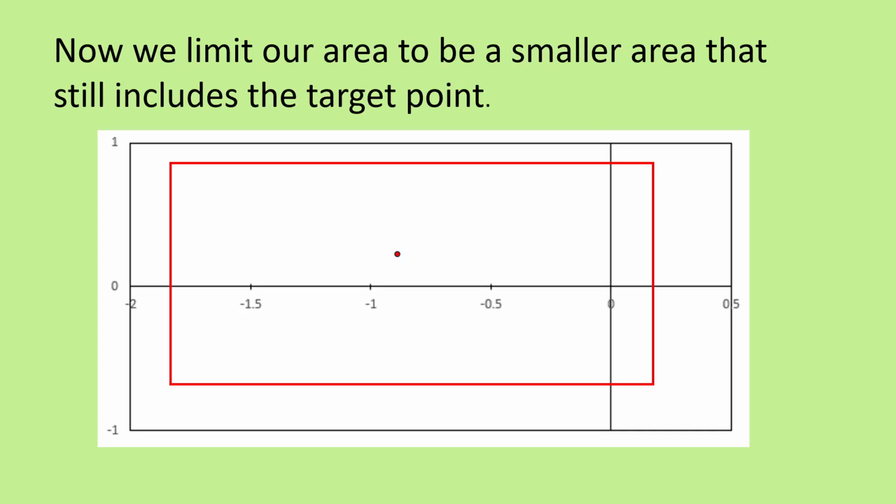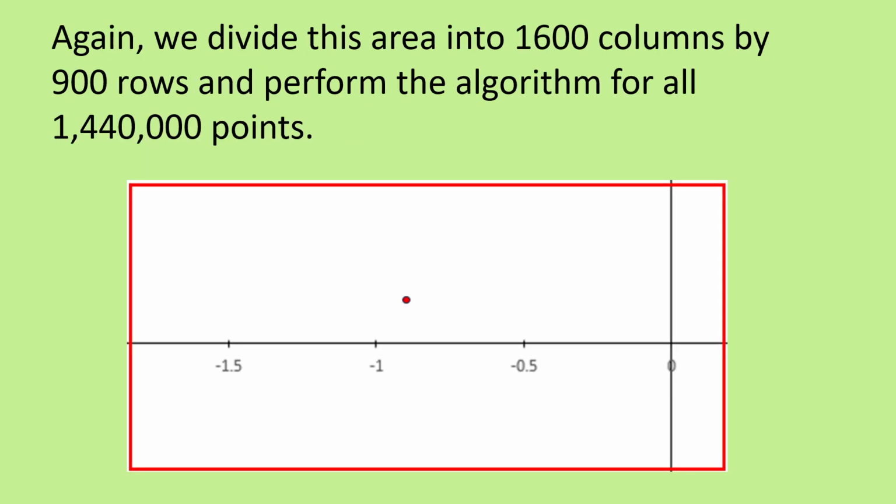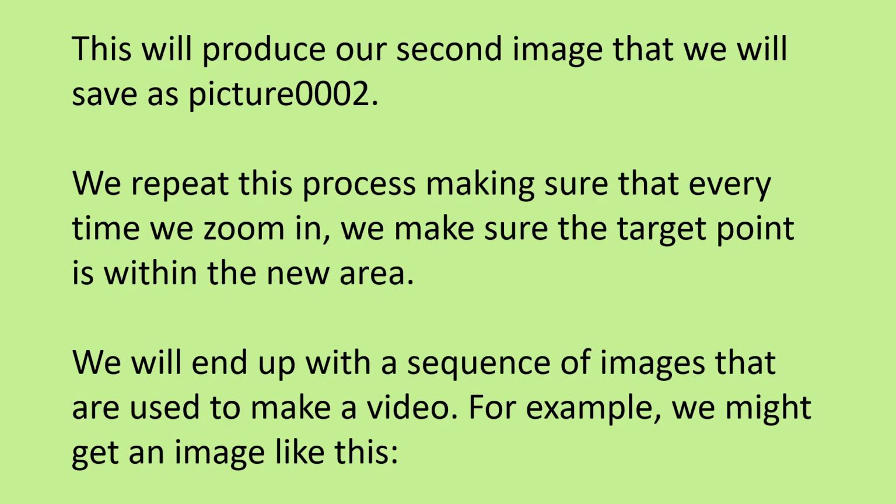Now we make our area of interest smaller, but still make sure it includes the target point C. Divide this new area into 1,600 columns by 900 rows and do the algorithm for every one of the points that you have. We save the resulting image as picture 2.